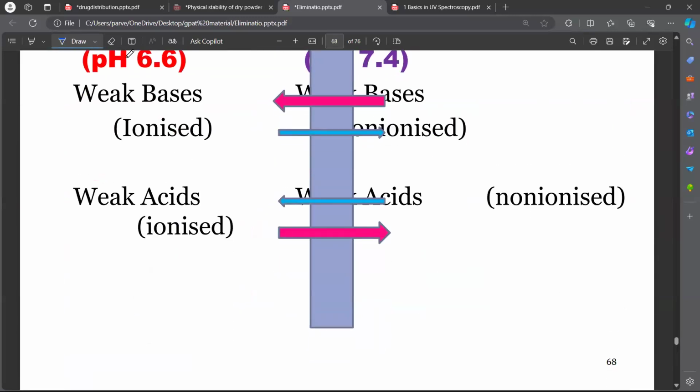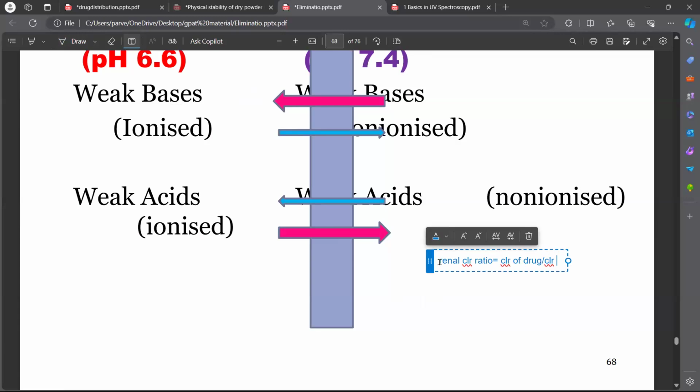The clearance ratio is the ratio between the clearance of the drug divided by clearance of creatinine.